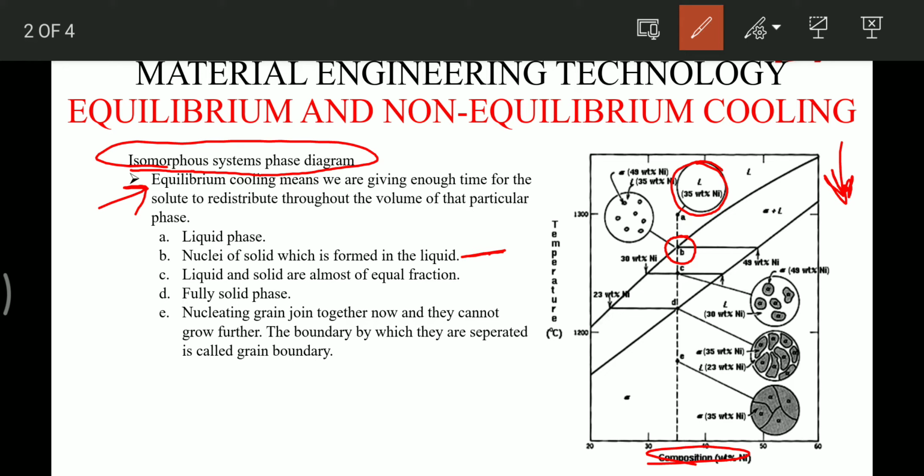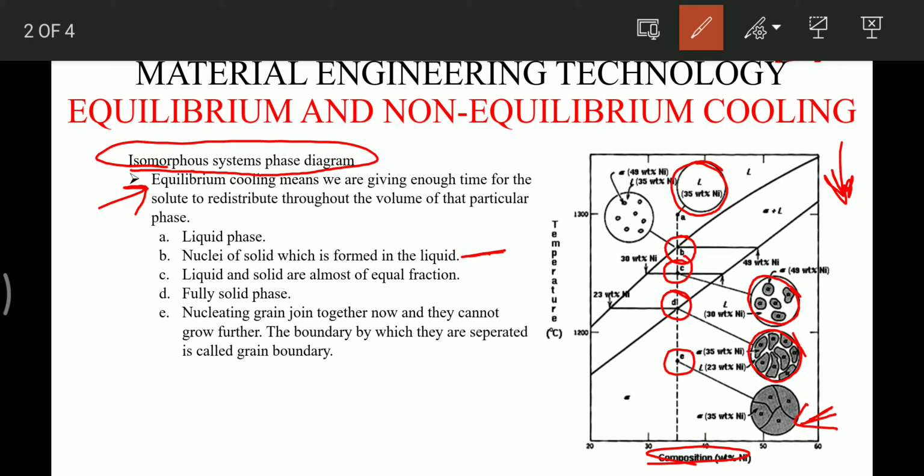Then when we cool it further to point C, in this stage we can see over here that the liquid and the solids are almost of equal fraction, and as we cool further to point D, then it is almost fully solid. Okay, and E is the solid state.